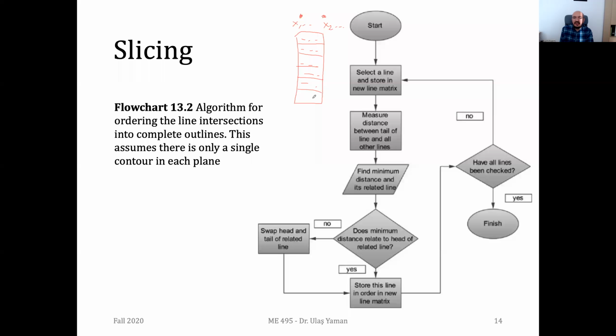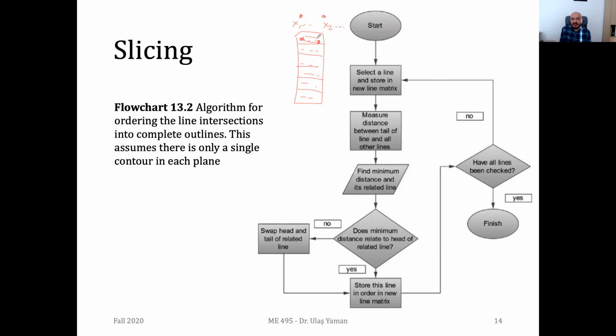But as you know, they are not in order, so we will be checking their order and try to find the closest one to a specific one and try to join them one by one. So what we do at the first step, we select a line, assume that this is the first line we selected.